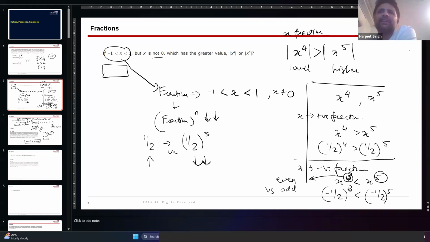So they will become less negative and hence they will be greater. But if it's even versus odd, then the even power will be higher. So your x raised to 4 will be greater than x raised to 5 if x is a negative fraction.